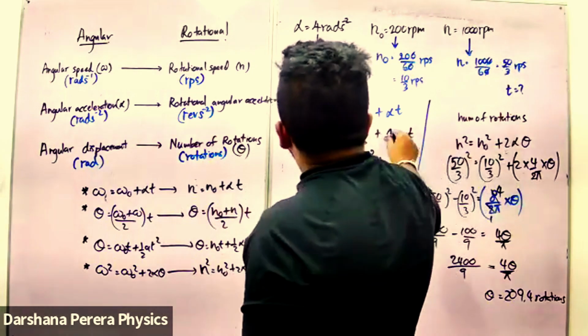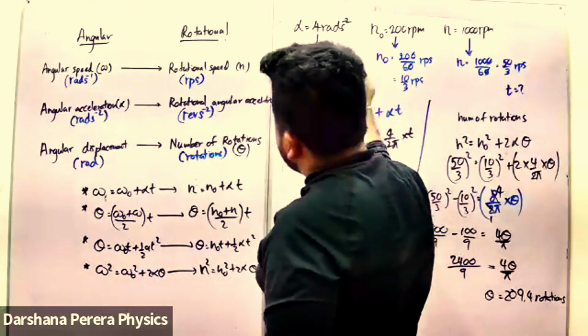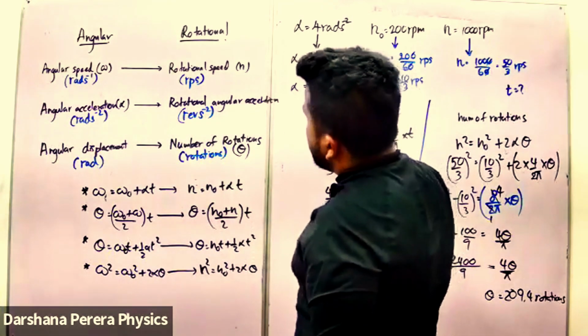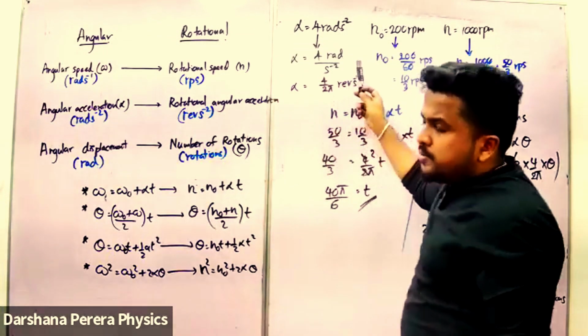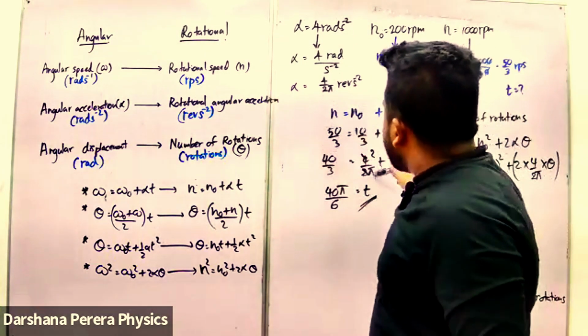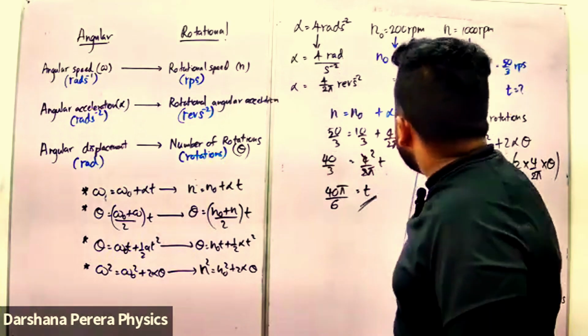Therefore, alpha equals 4/25. Why are we dividing like that? 4 is the radian value. We have to divide it by 2 pi to get the revolution value. Therefore, after that we take the t value.